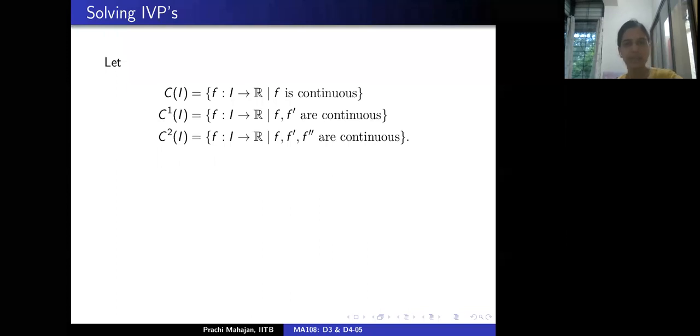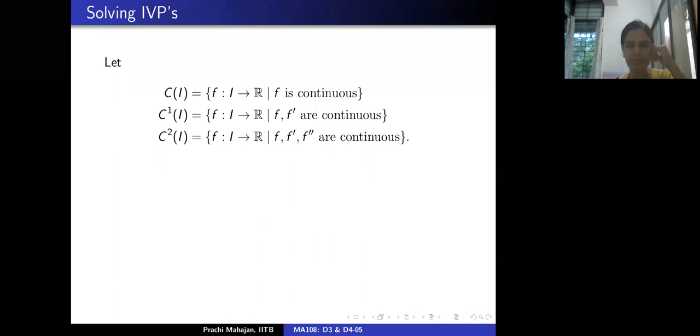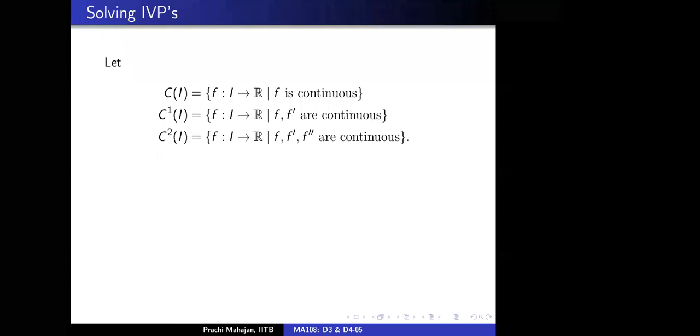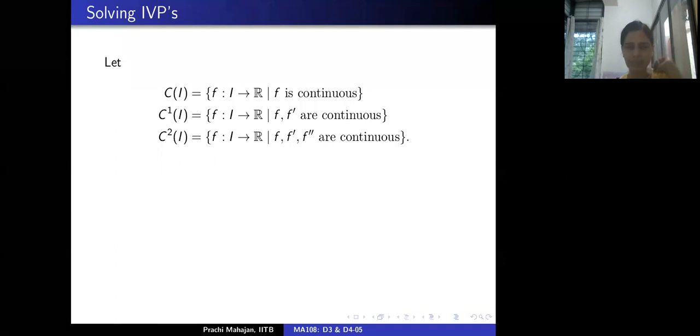And the set of twice continuously differentiable functions is denoted by C²(I). So each function f in this set is continuous, so is the first derivative, and the second derivative exists and is also continuous. Right?